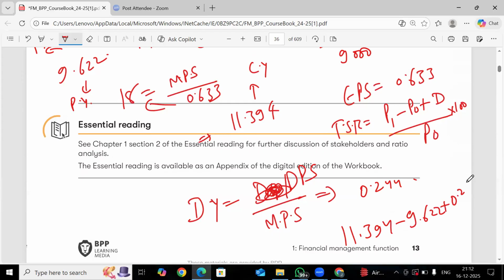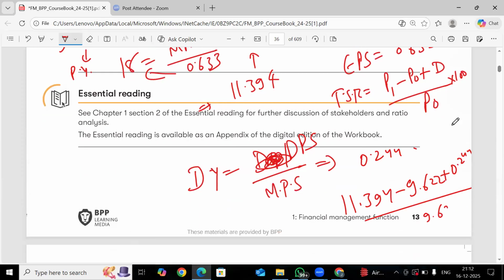So (11.394 minus 9.622 plus 0.244) divided by 9.622 into 100.